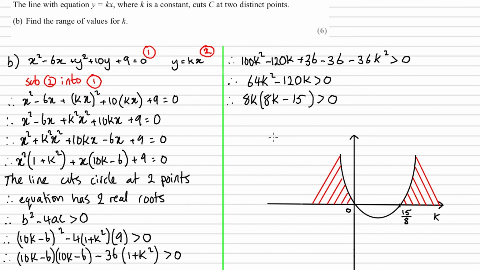From this, we can now say that k must be less than 0, or k must be greater than 15 over 8, that value there. So that's our range of values for k.